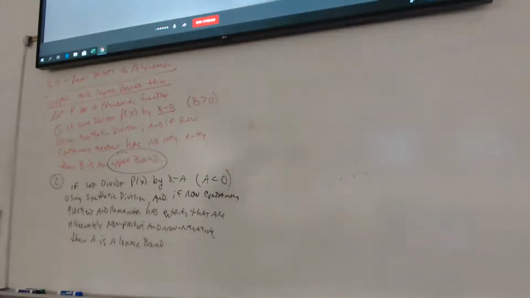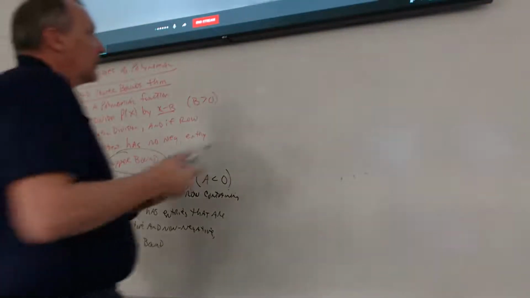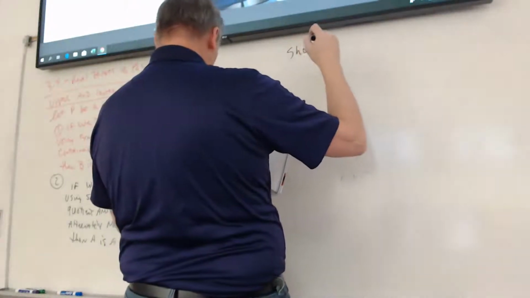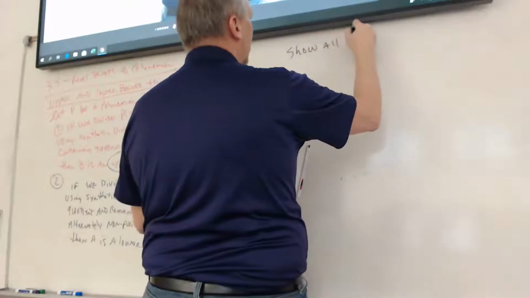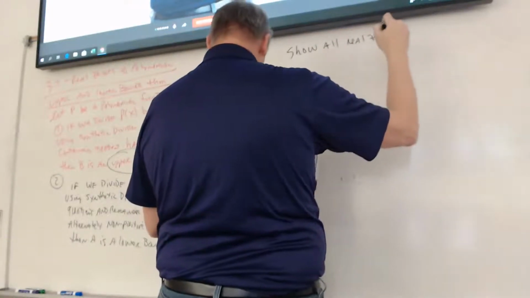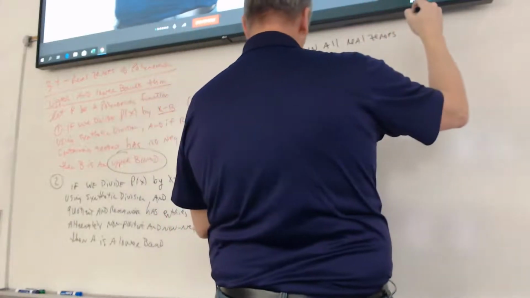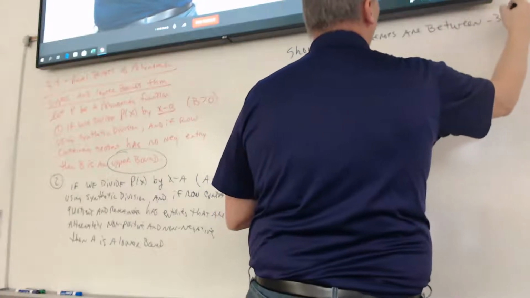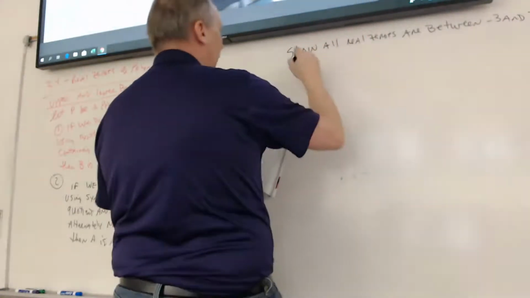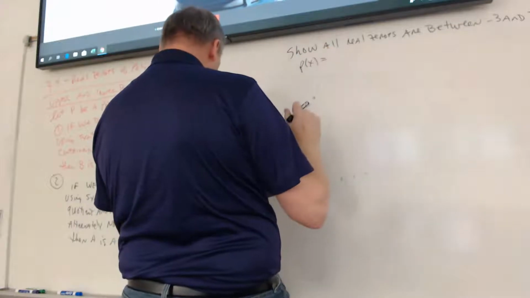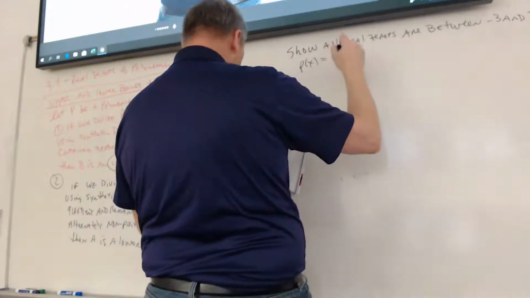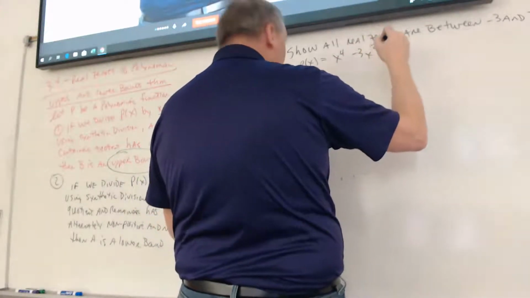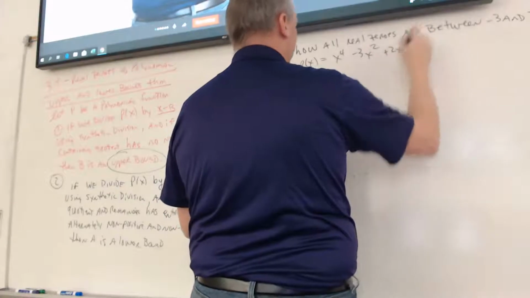Let's say, show all real zeros are between -3 and 2. And here's my polynomial function: x to the 4th minus 3x squared plus 2x minus 5. Okay?